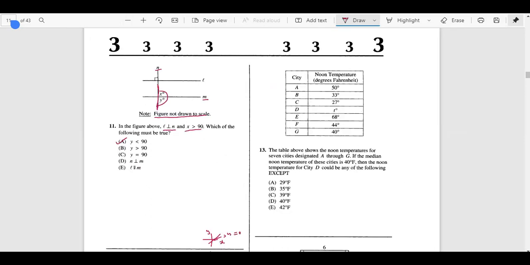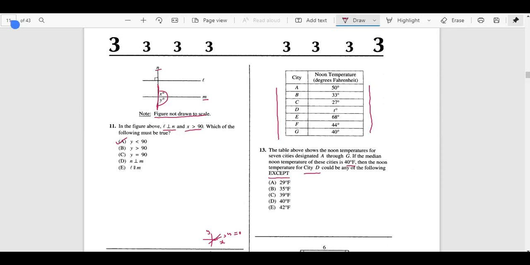The table above shows the noon temperatures for 7 cities designated A through G. Okay, so these are 7 cities, and here we have their noon temperatures. If the median noon temperature of these cities is 40, then the noon temperature for city D could be any of the following except.